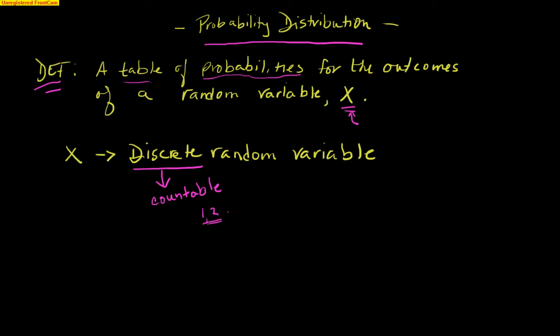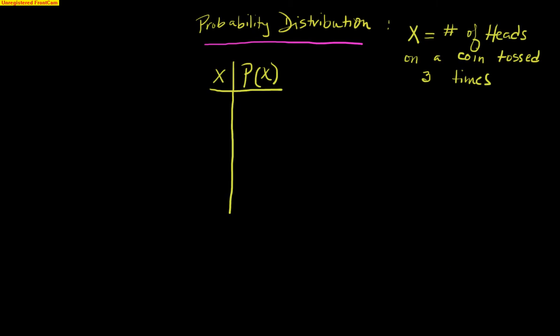Okay, so let's take a look at an example of a probability distribution. Let's say my experiment is tossing a coin, just a quarter, 3 times. Now we've done this a lot in class. So my question is, first of all, how many possible outcomes are there?